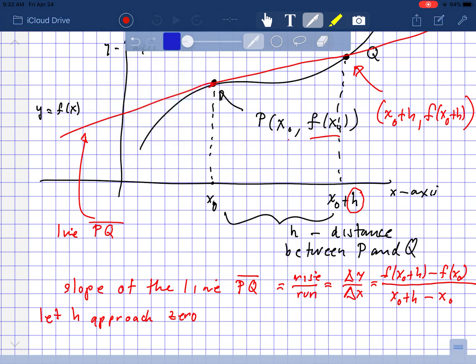It's going to slide along this curve and the point Q is going to approach the point P. So as h goes to 0, the point Q approaches the point P.